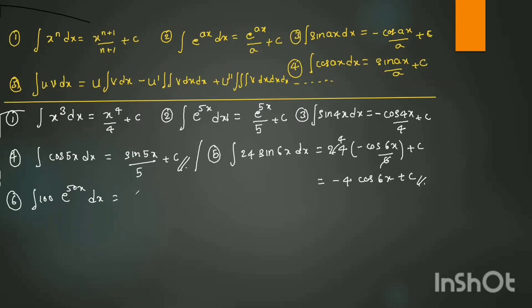It is 100, okay, not 160. Yes, exactly correct. 100 e to the power 50x divided by 50. If you simplify, you get the answer as 2 e to the power 50x plus c. Very good.